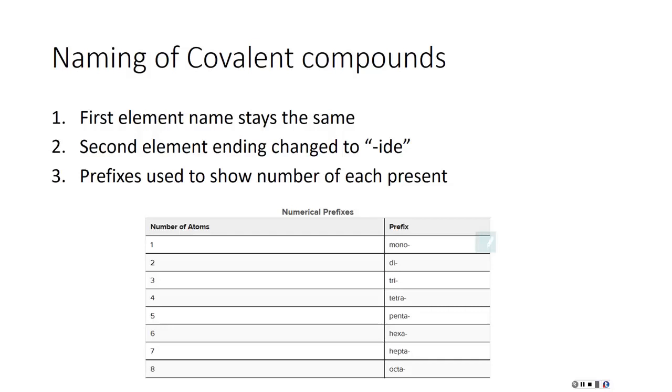Okay. Over here, SiF4 would be silicon tetrafluoride. And the last one is going to be dinitrogen tetrachloride. Dinitrogen tetrachloride. And this is really how we name things in real life.